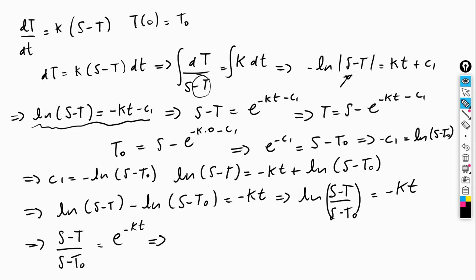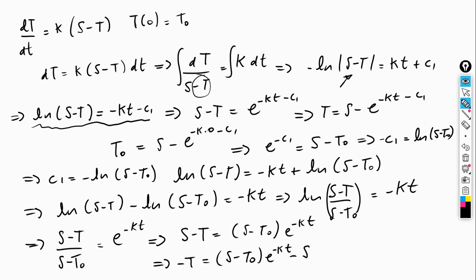And then from here, we get that S - T is equal to (S - T₀) times e to the minus kt. Therefore, -T is equal to (S - T₀)e^(-kt) minus S.